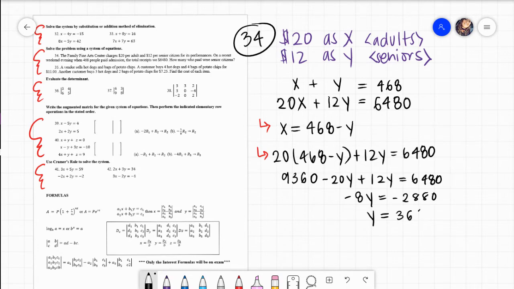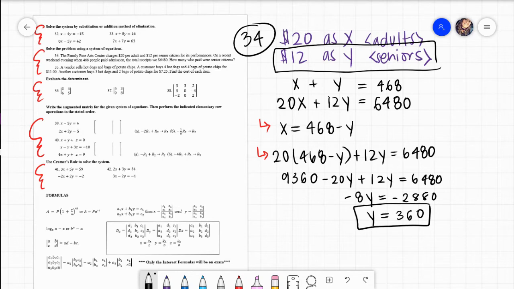Usually most problems right here, what we would do is we would take this y and we would plug it into another equation. But if you read the problem, right, always make sure you read the problems, follow directions. It says how many who paid were senior citizens. We declared y to be our seniors that paid at $12 per ticket, and we just now solved for y. So there were 360 seniors who attended the Family Fine Arts Center that night.